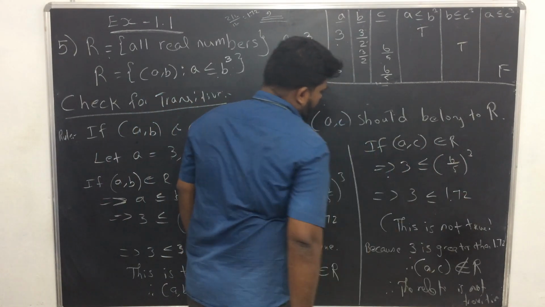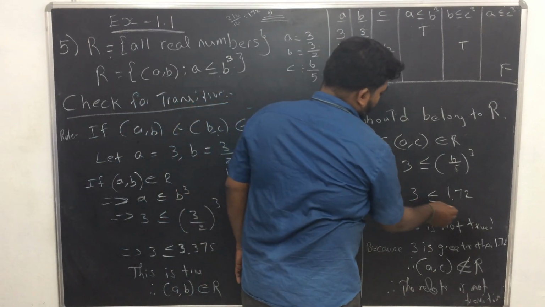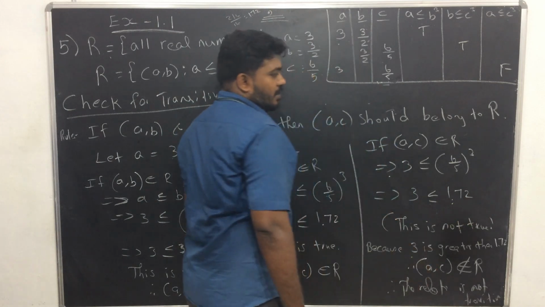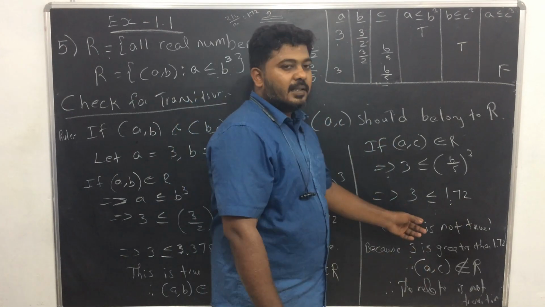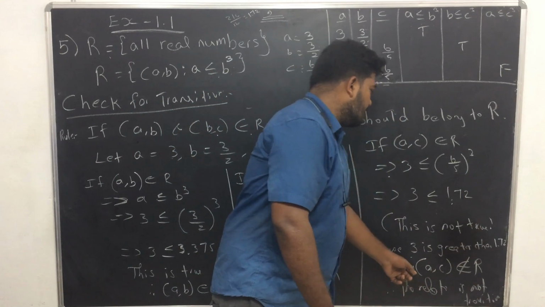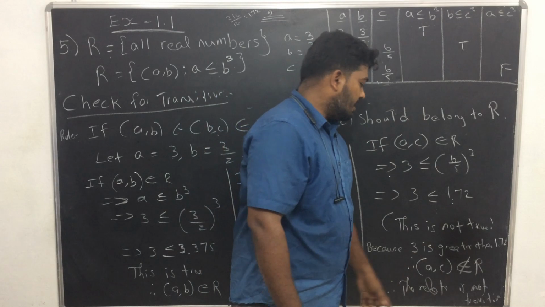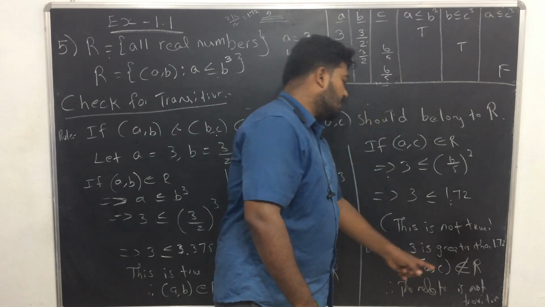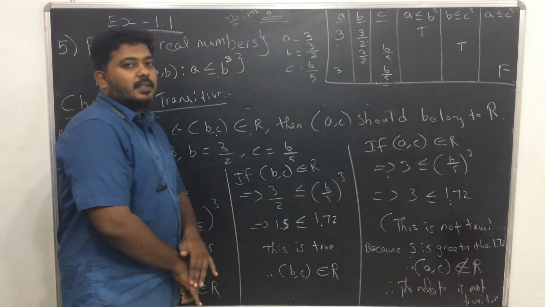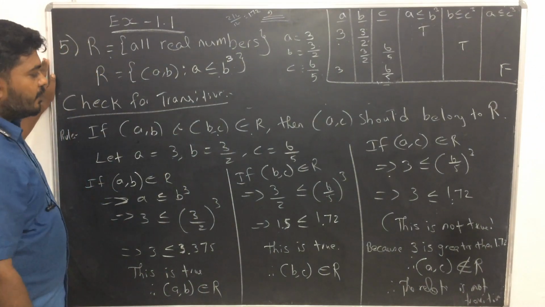What is 6 by 5 the whole cube? We found that to be 1.72. It implies that 3 is less than or equal to 1.72, but this is not true because 3 is greater than 1.72. Because 3 is greater than 1.72, this pair, A comma C, does not belong to R. Therefore, the relation is not transitive. Understood? Okay.